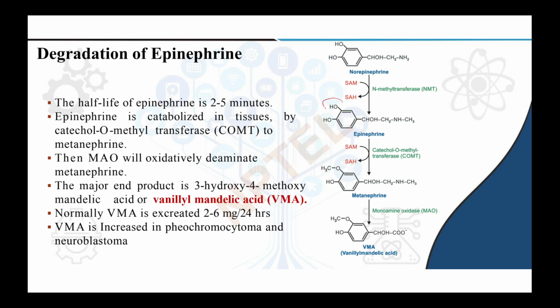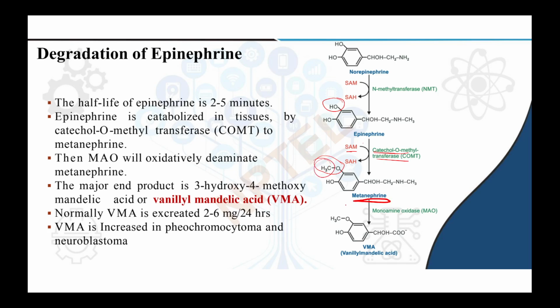So here you can see this is the OH, and instead of OH, now a methyl group is transferred. So this transfer is occurring in the catechol group. Catechol O-methyl transferase, COMT, is the enzyme involved. Again, the methyl group is taken from SAM, S-adenosyl methionine. So the methyl group will be transferred, and the product that is forming is called metanephrine.